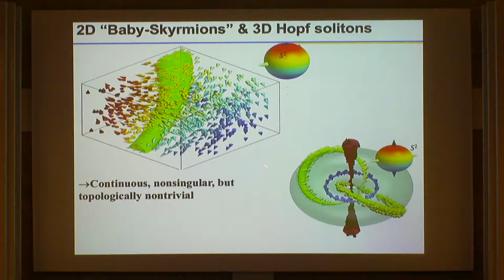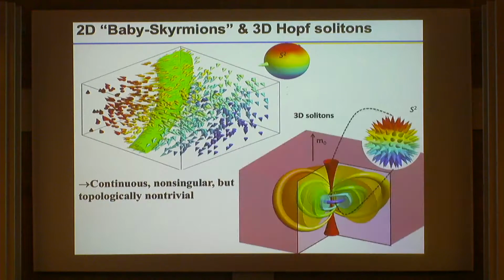We need to have these preimages in the spatial form of closed loops, and these closed loops have to be linked with each other precisely the same number of times for all preimages of all points on the S2 order parameter space, right? And so then the linking number is the topological invariant, the geometric interpretation of the topological invariant.